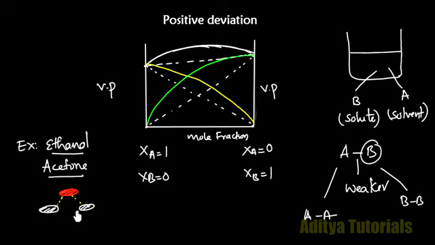Now between the two alcohol molecules there is no attraction, but alcohol and acetone are attracted, and because of that reason the ethanol also escapes and acetone also escapes, and by that there is an increase in the vapor pressure of the solution. Okay, so hence the escaping tendency of the components from the solution to the vapor phase increases.